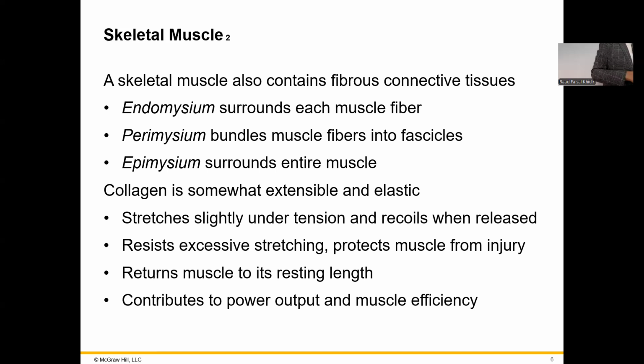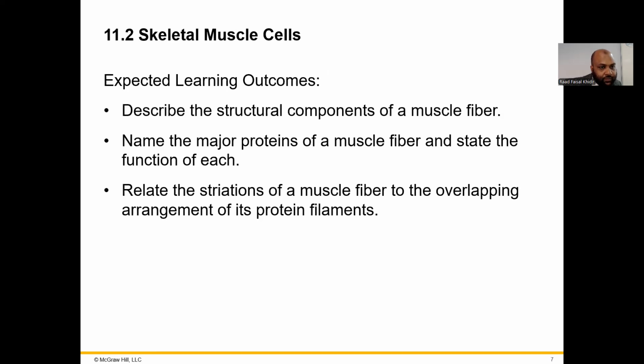So collagen is important for tensile strength, tensile integrity. So it stretches slightly under tension and recoils when released. It resists excessive stretching and protects the muscle from injury. It returns the muscle to its resting length and contributes to the power output and the muscle efficiency.